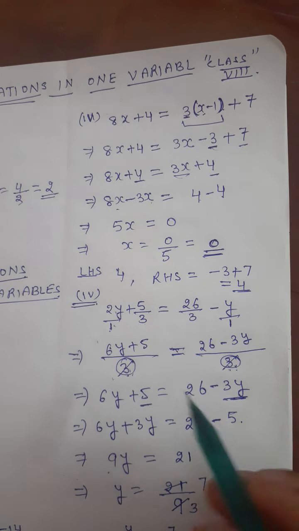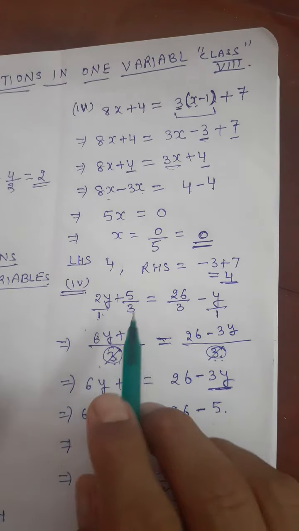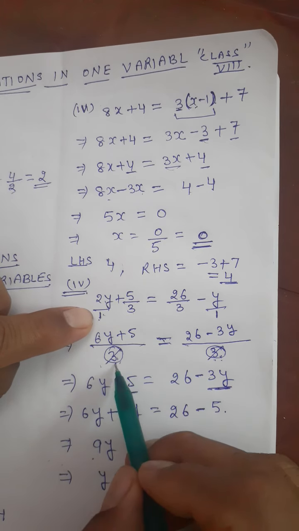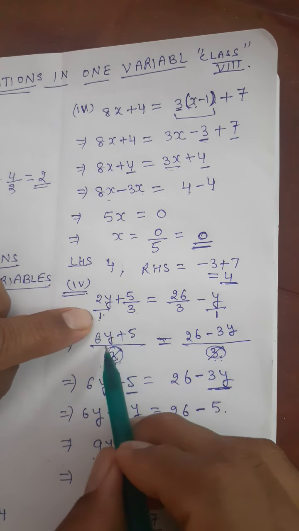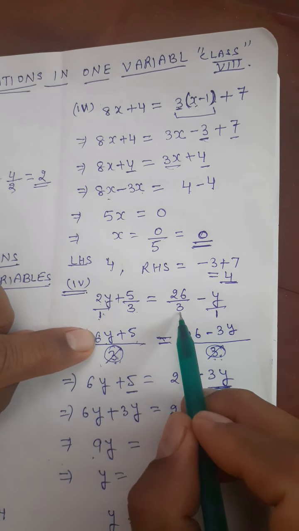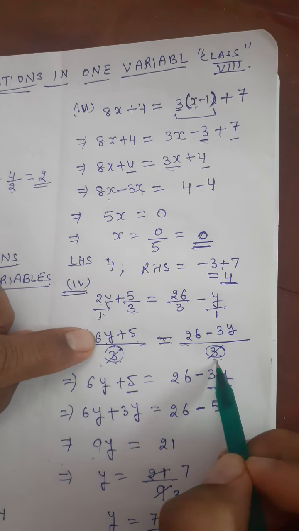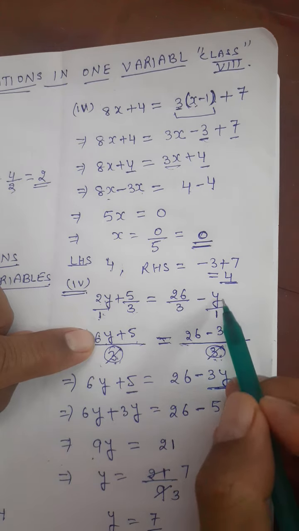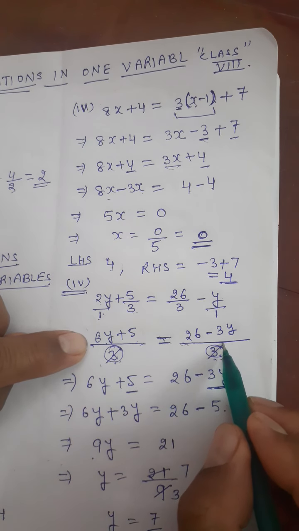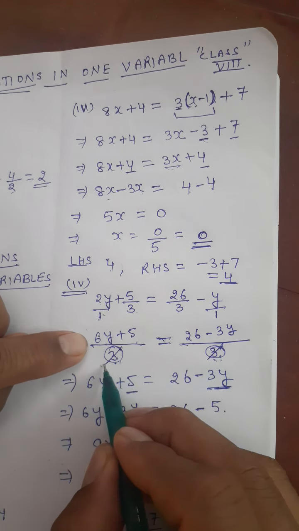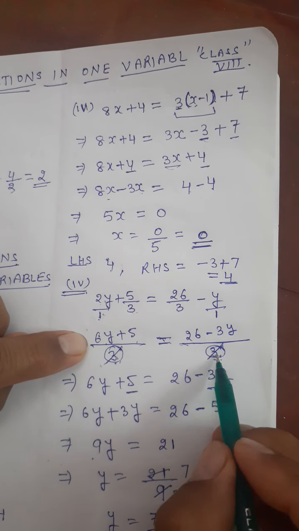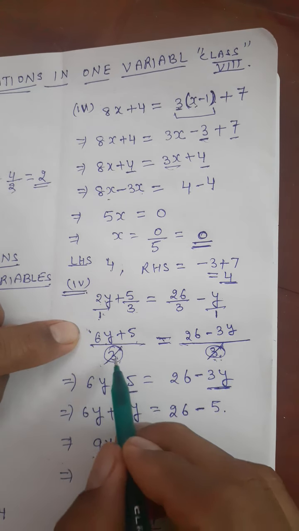Right, students? Now you can go through it one more time. First you need to take 3 as LCM. It is 3 into 2, 6y plus 5. Then again 3 is LCM, then it is 26 minus 3y. Now you can cancel this 3 with this 3, because if you cross multiply, this 3 comes here and the 3 and 3 will cancel out.